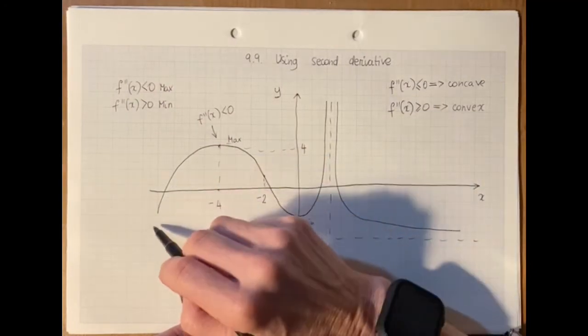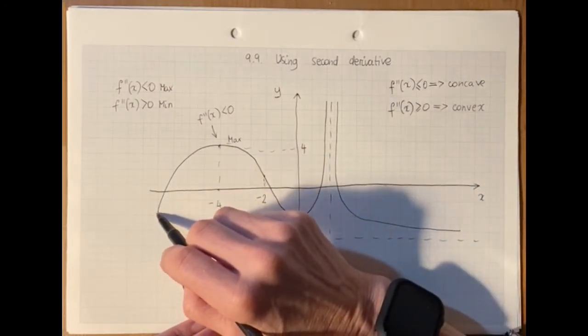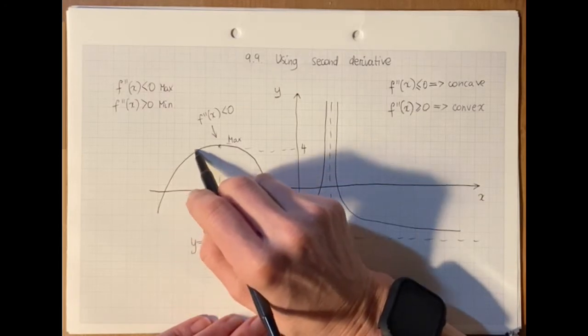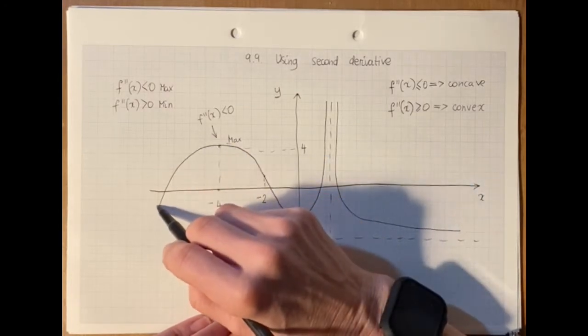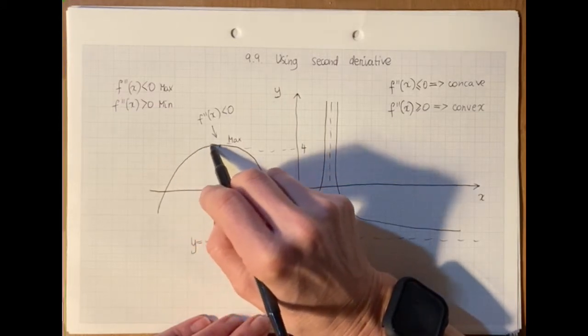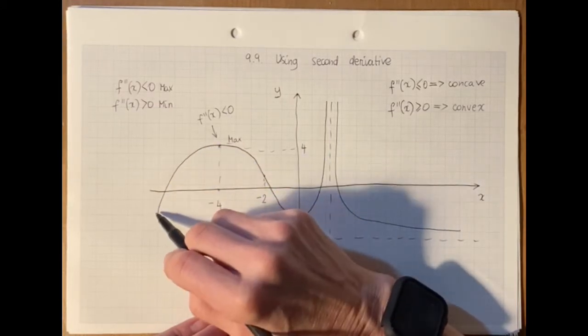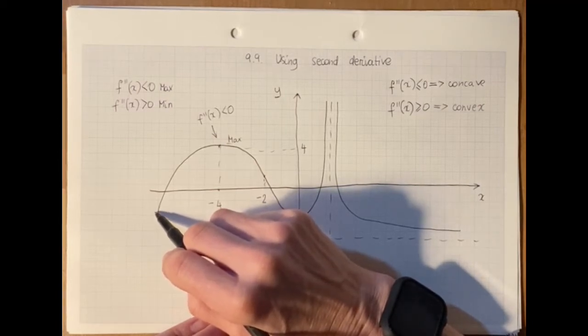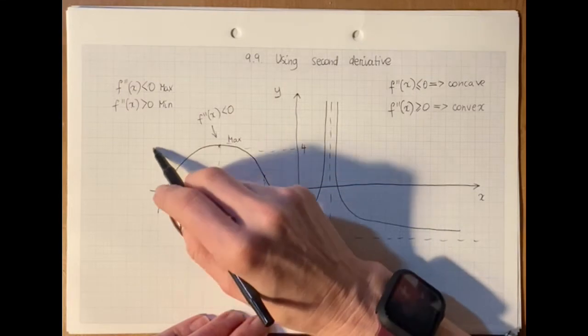Now, when you're going along this curve, imagine driving a car. If you were not turning the steering wheel, you would actually be going straight on that way.